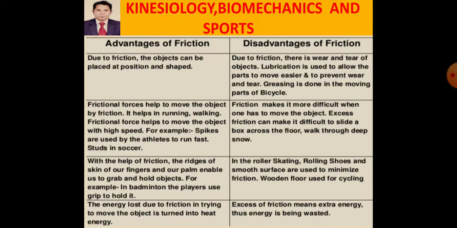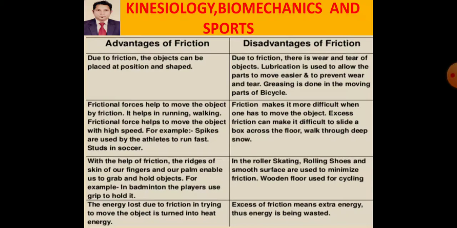A wooden floor is used for cycling. Excess friction means extra energy. Thus, energy is being wasted, because the maximum opposing force makes us use the maximum energy to overcome the friction. So these are the advantages and disadvantages of friction.